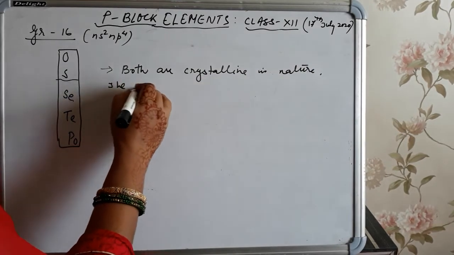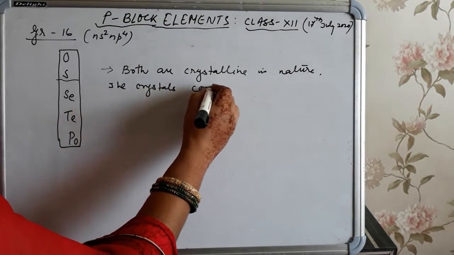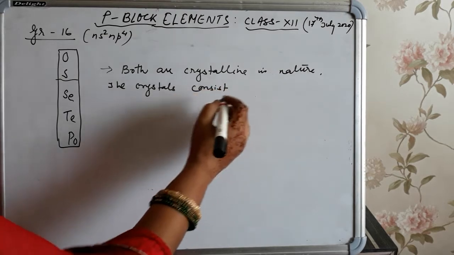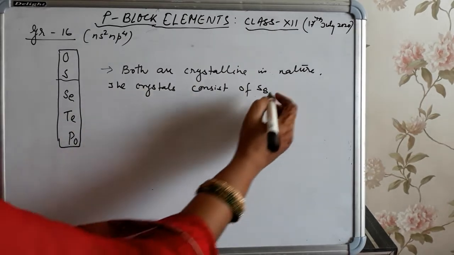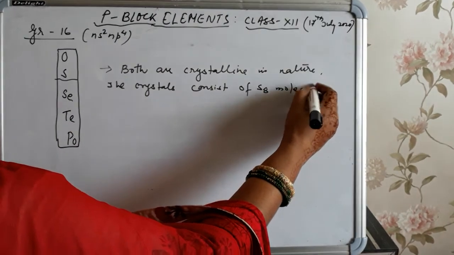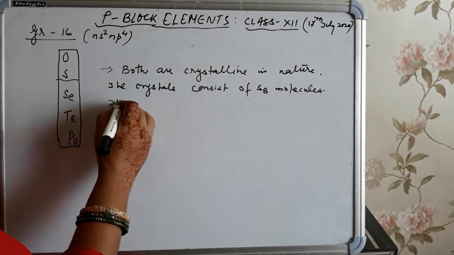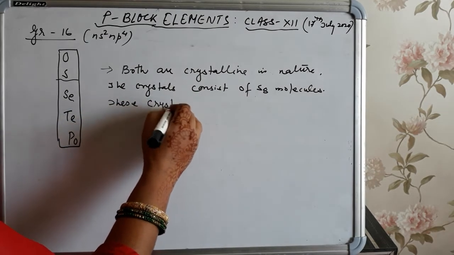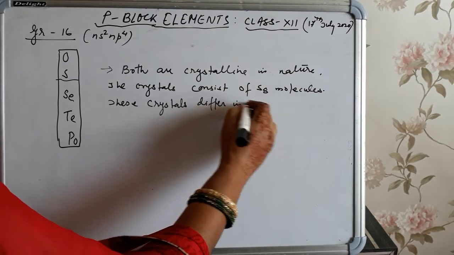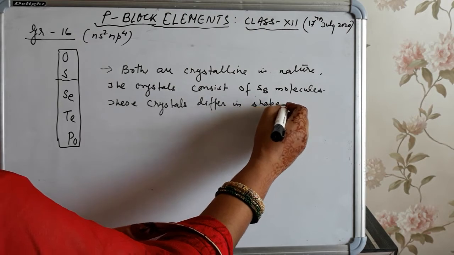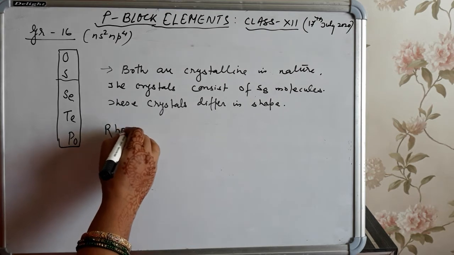The crystals consist of S8 molecules. These crystals differ in shape. At first we discuss the rhombic form.